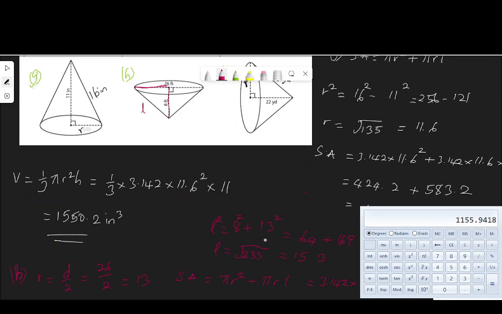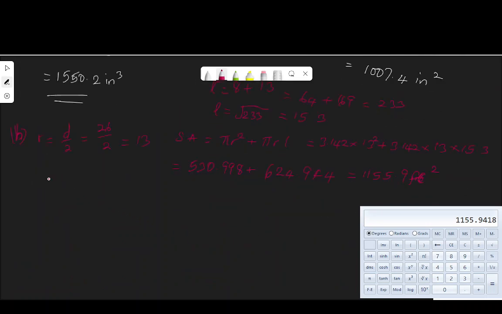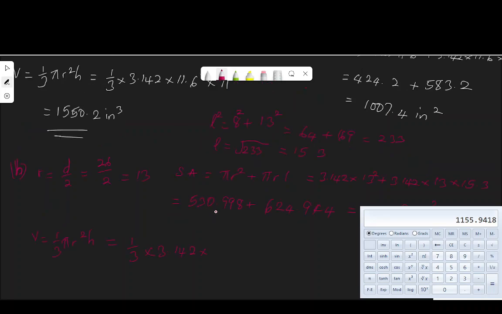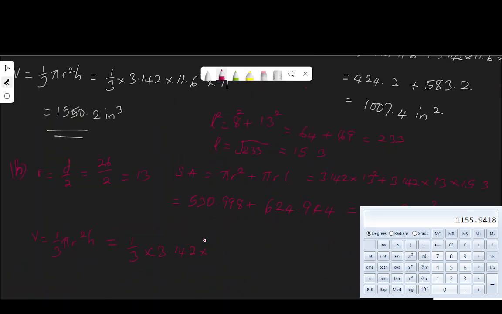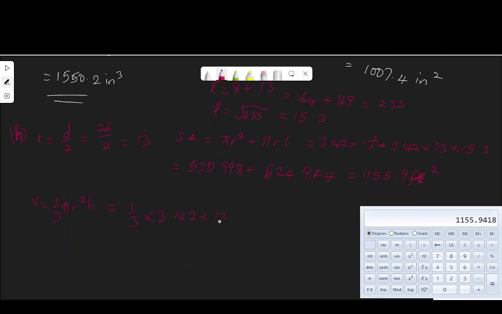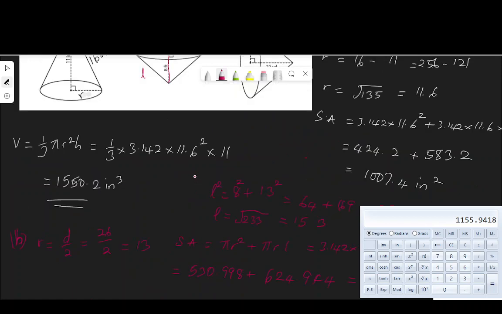Now let's look at the volume. Volume V is 1/3 pi r squared h, which is 1/3 times 3.142 times the radius, which is half of 26, that is 13. 13 squared times the height h, which is 8.